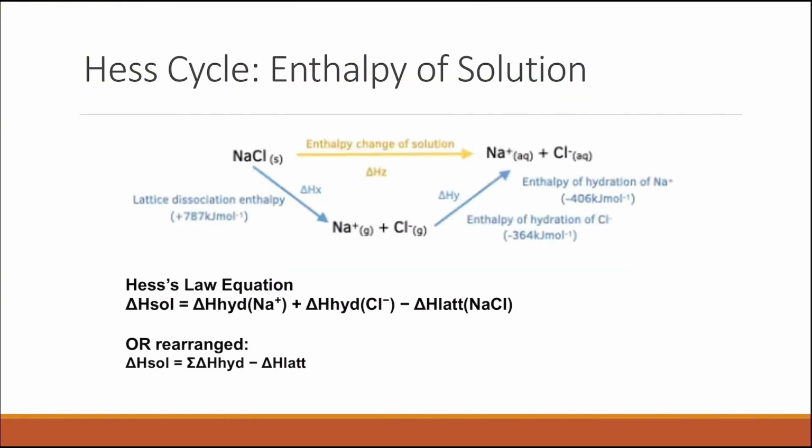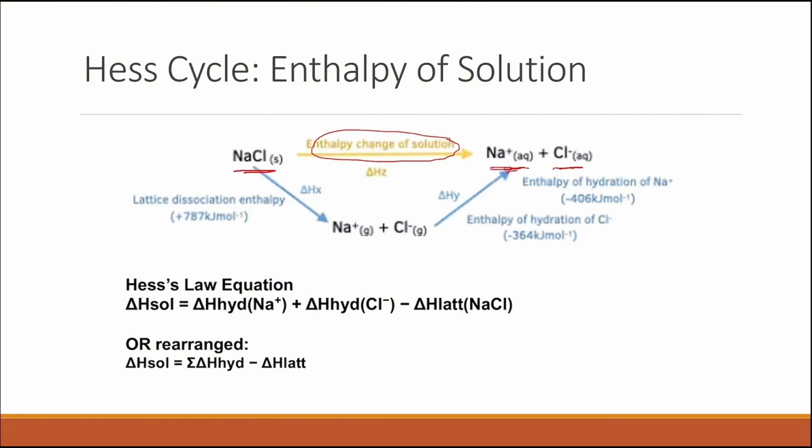So let's construct the Hess cycle for the enthalpy of solution. We have sodium chloride as solid, and then it will be hydrated to give the sodium ion aqueous and chloride ion aqueous. This is the enthalpy change of solution. This is the one that usually they want you to calculate in the exam.